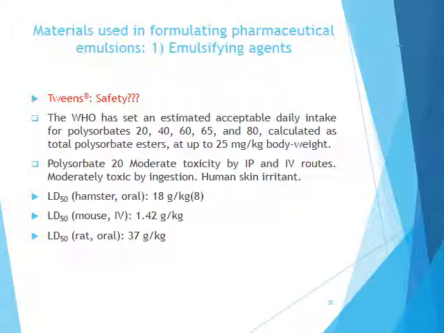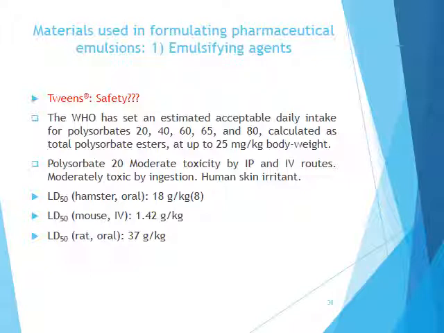Polysorbate 20 has moderate toxicity by intraperitoneal and IV routes of administration, moderate toxicity by ingestion, and it's a human skin irritant. That's some information about the toxicity of Tween 20.